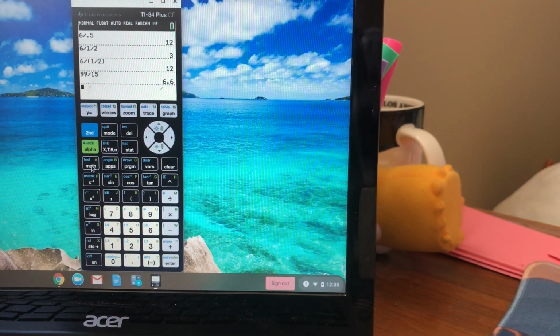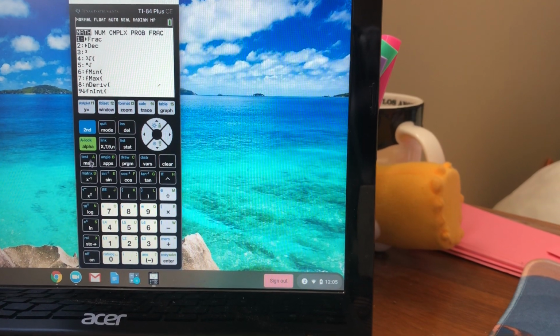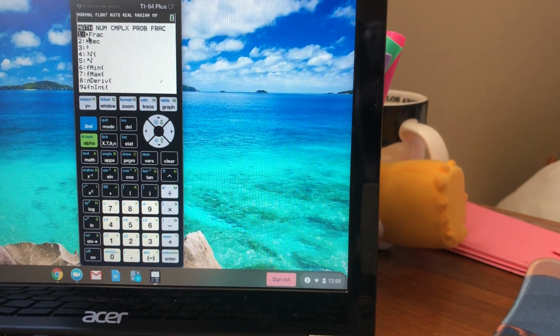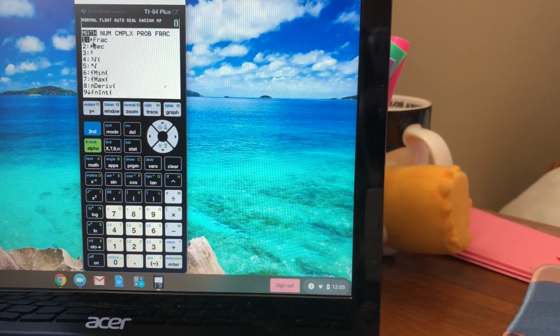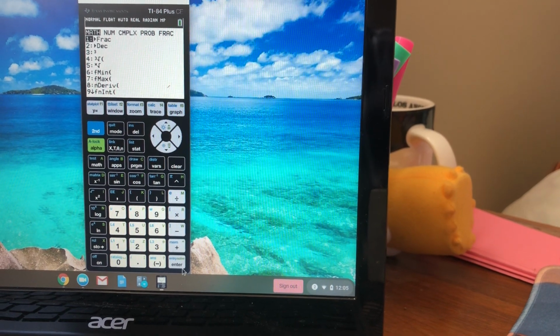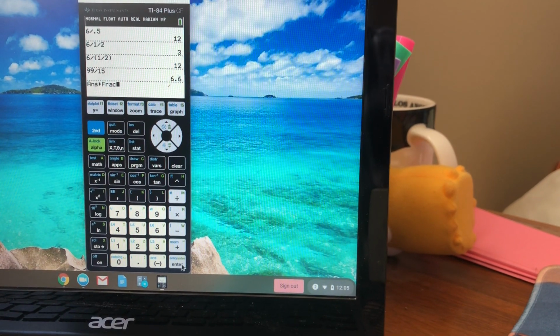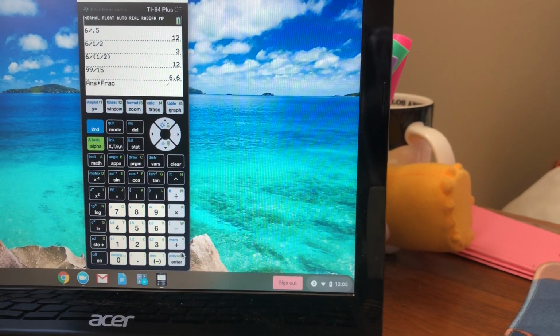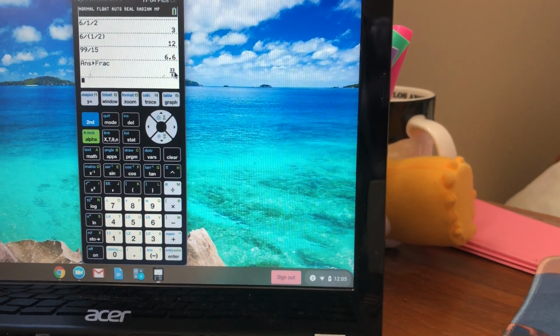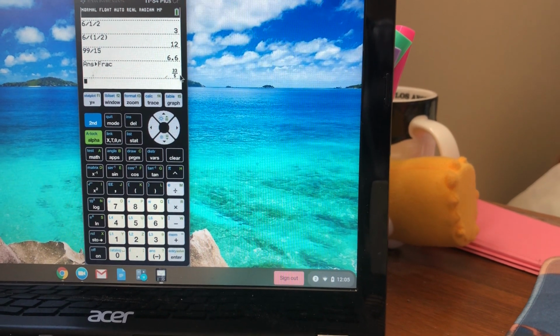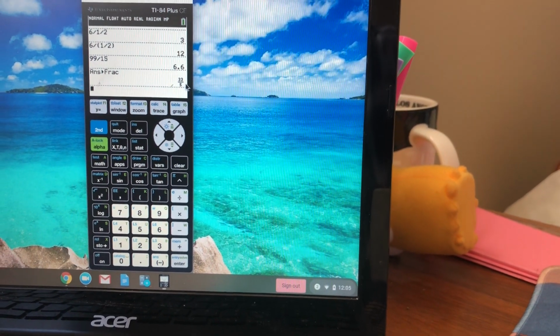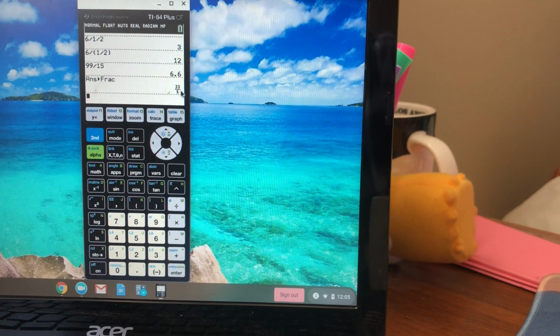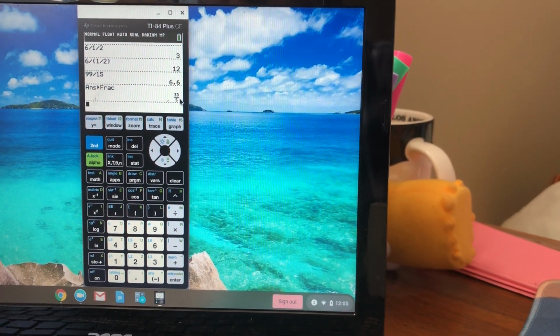If I go over here to math and click the math button, that first answer, arrow frac, if I click enter on that, it says ANS, which means the answer it just got, to frac. It will simplify your fraction for you. That's right. The calculator that we have access to simplifies fractions for you.